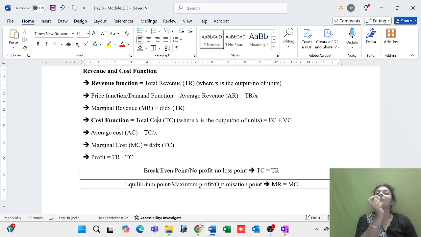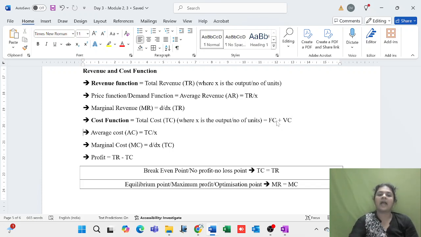Where you have only the constant, say for example, if I write an equation 20x plus 6x square plus 50, then this 20x plus 6x square is the variable cost. This 50 is the constant which represents the fixed cost. So remember, in a total cost function, the constant at the last represents the fixed cost.